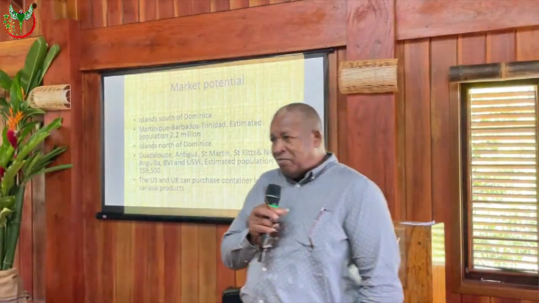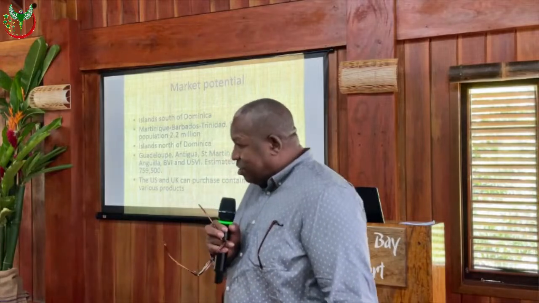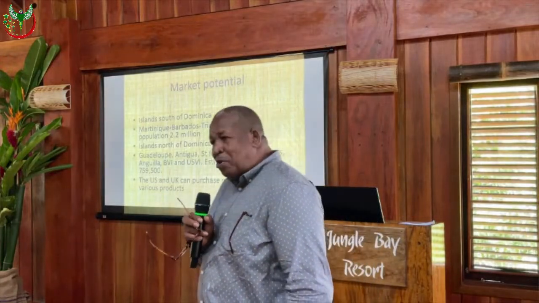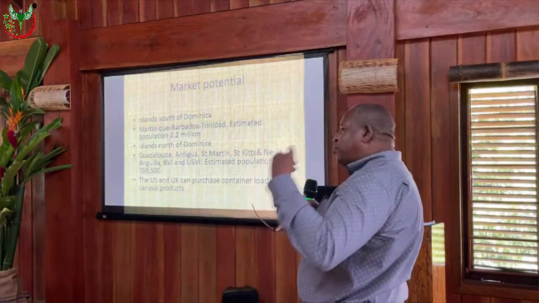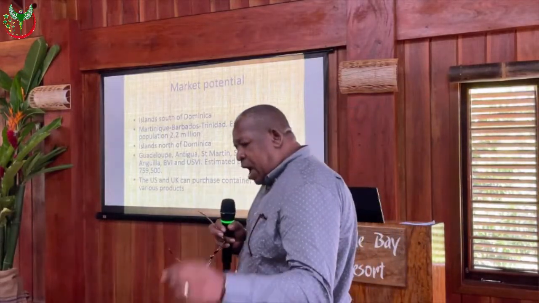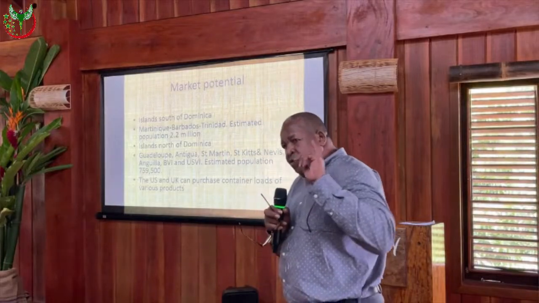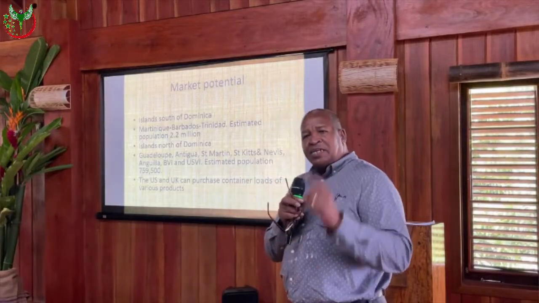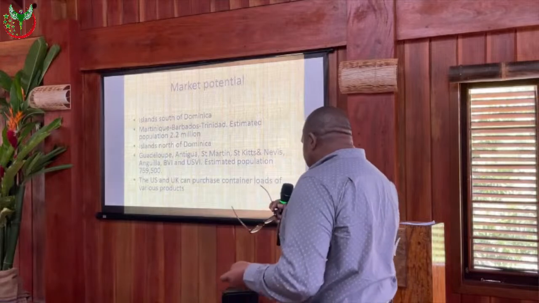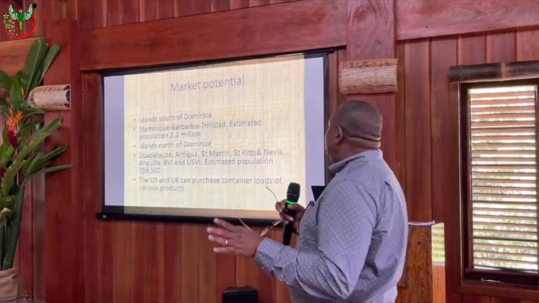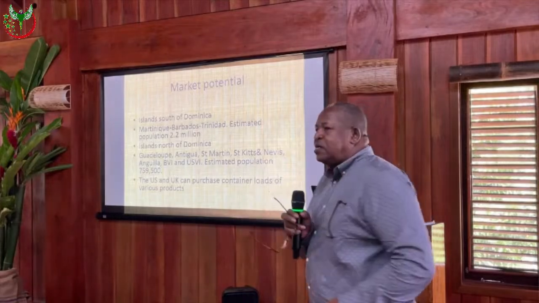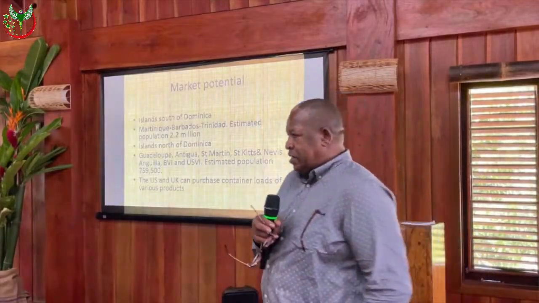In Dominica, because of the population and the economic activity, I probably would sell 4 boxes of wine. So population has that impact. What we have to begin to think is that in agriculture, we must first produce food to feed ourselves and to satisfy the market. The islands north of Dominica, when you add all of that, it is another 750,000.